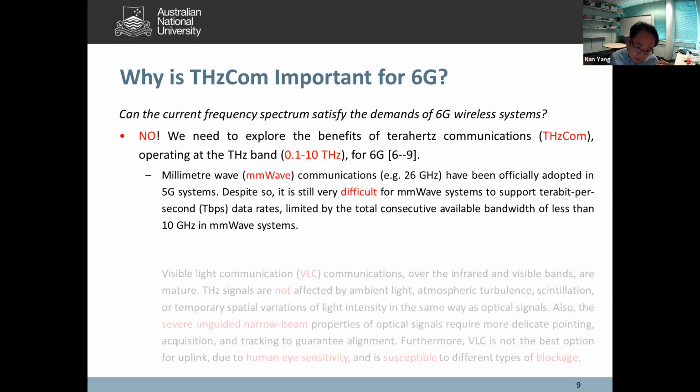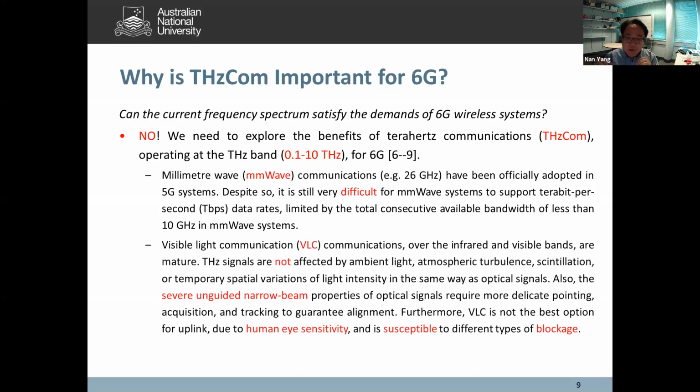At the same time, if we compare Terahertz Com with visible light, I would say visible light communications is relatively mature. But if we compare terahertz signals and optical signals, first, terahertz signals are not affected by factors that affect optical signals, such as ambient light and atmospheric turbulence.